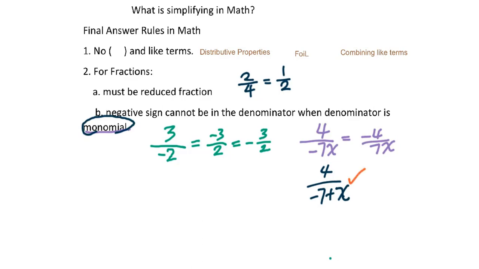You can also divide everything by negative 1 and get negative 4 over 7 minus x, or you can write 4 over x minus 7. Any of these three can be the final answer. So remember the keyword, monomial. Then the negative sign cannot be in the denominator.